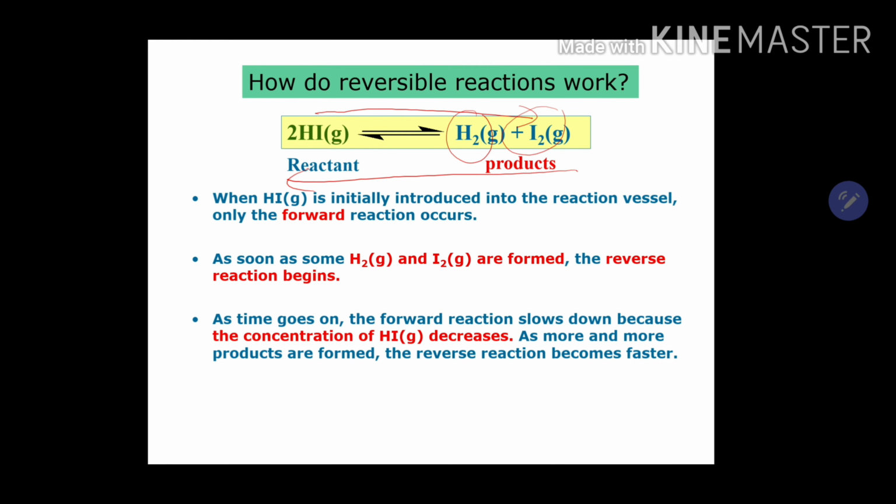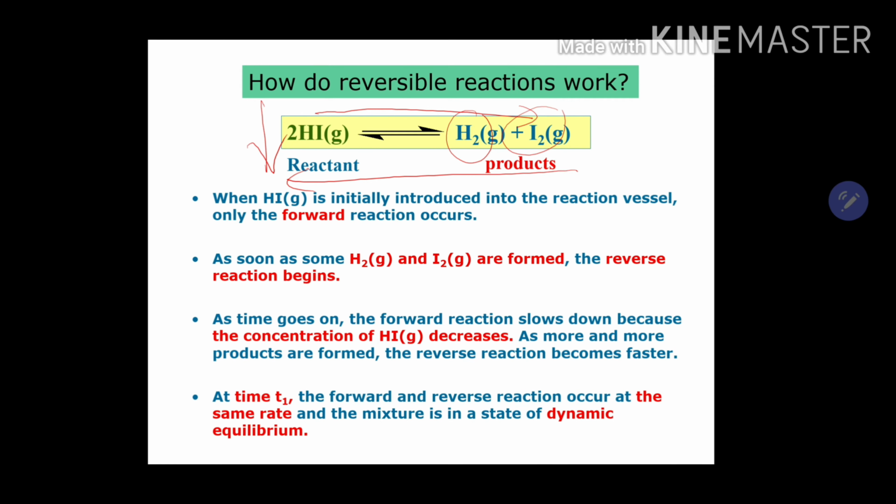As time goes on, the forward reaction slows down because the concentration of hydrogen iodide decreases. As more and more products are formed, the reverse reaction becomes faster. At a certain time, T1, the forward and reverse reactions occur at the same rate, and the mixture is in a state of dynamic equilibrium.